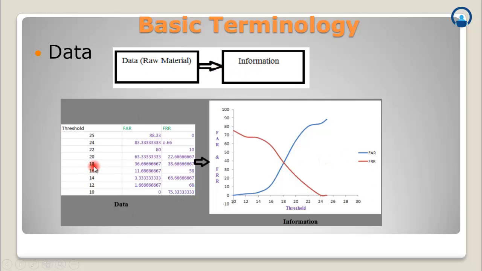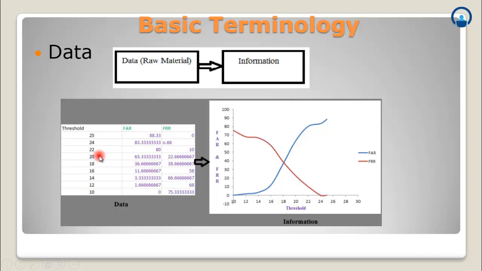See this diagram. Here is this table, and this table is what? Data. It contains threshold, the next column is FAR, and the next column is FRR. On the x-axis we have taken threshold, and on the y-axis we have taken FAR and FRR.